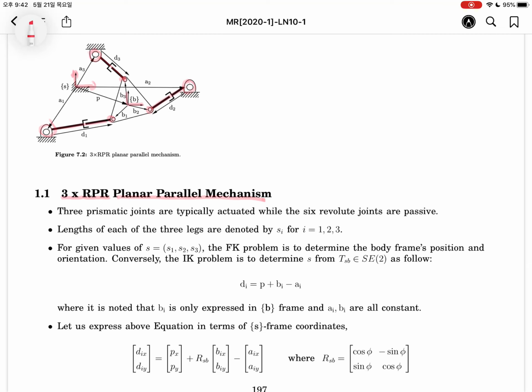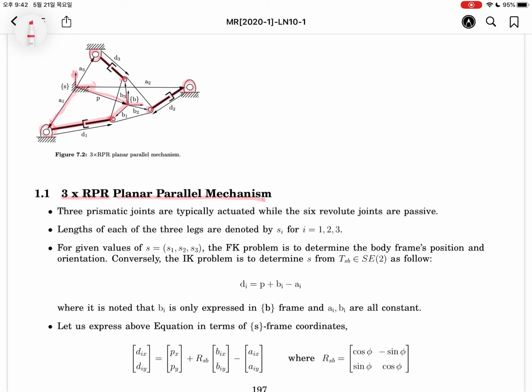So let's write down the kinematics. Here we have 3 loop closure equations. The first one will be A1 plus D1 equal to P plus B1. Is it right? From here we have one closed loop equation.